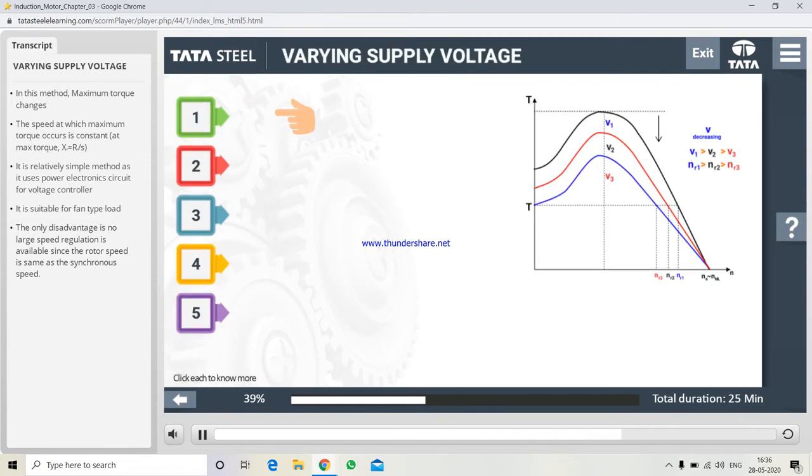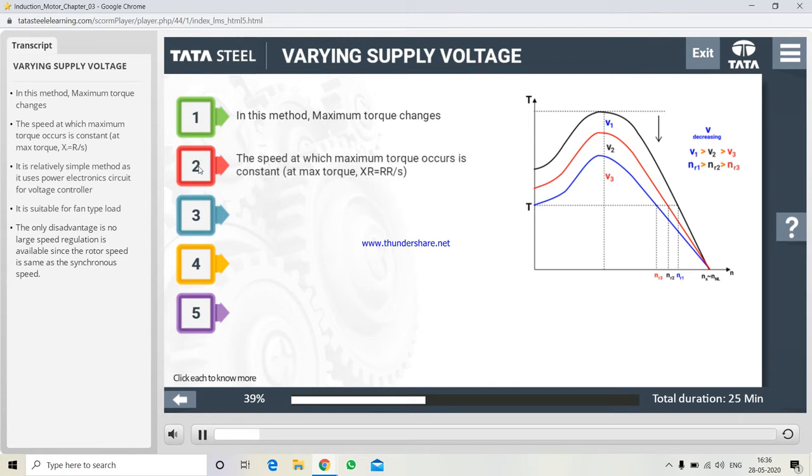Click each to know more. In this method, maximum torque changes. The speed at which maximum torque occurs is constant. At max torque, XR equals RR upon S. It is a relatively simple method as it uses power electronics circuit for voltage controller.